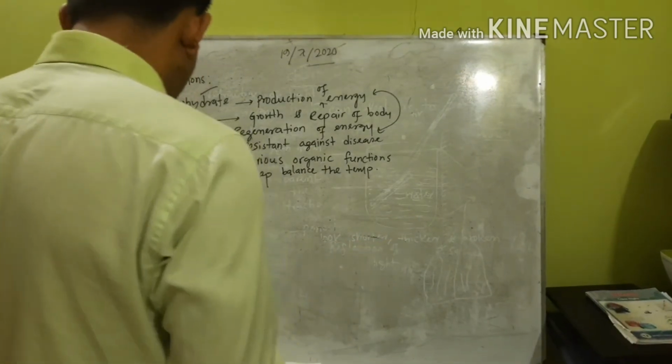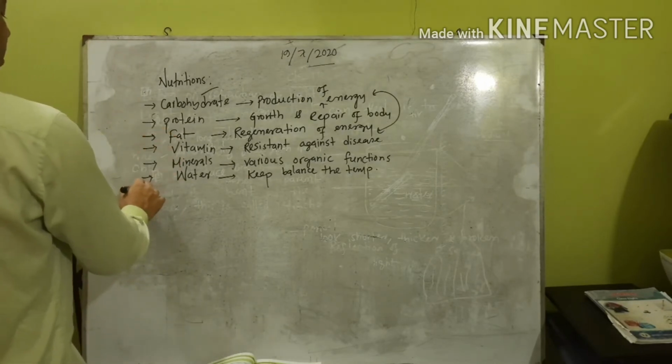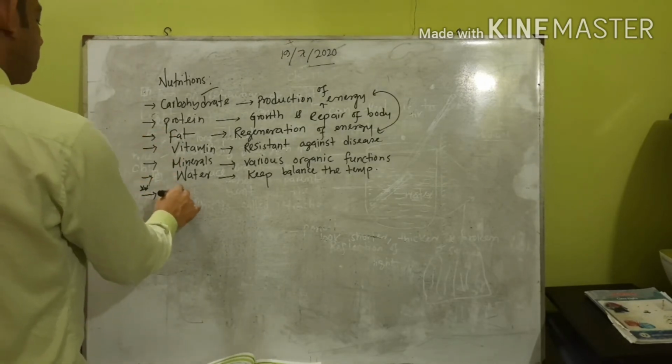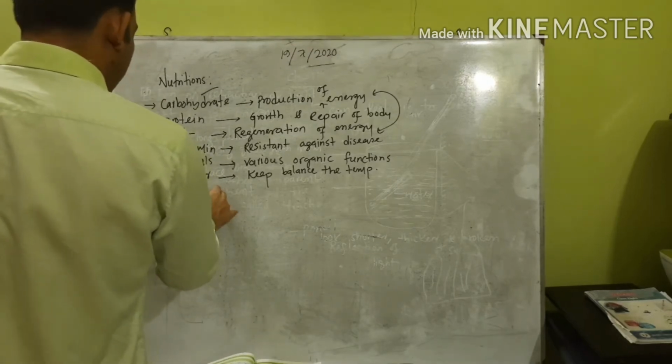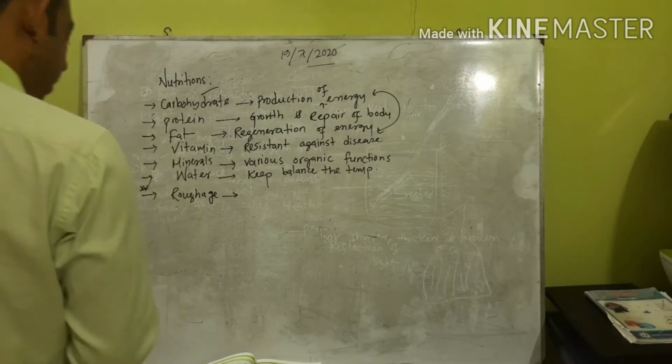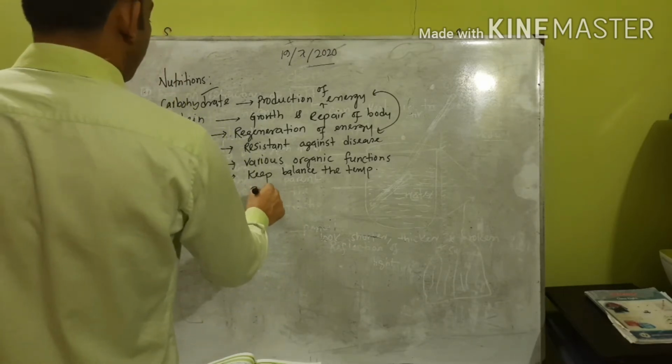Another one we will think about here. It is not directly a nutritional type, but roughage is very important. Roughage is the fibrous food.